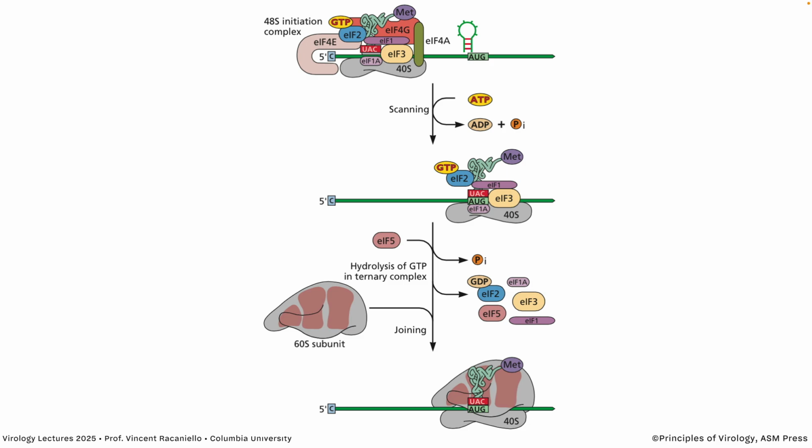So once the initiator is there, the 60S subunit joins, and then it can start reading the codons as it moves down the RNA and add amino acids here. But many proteins participate in this initiation process. You can see many of them are lost when the 60S subunit is added.